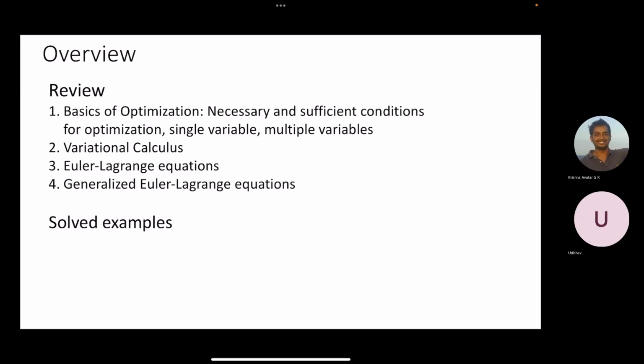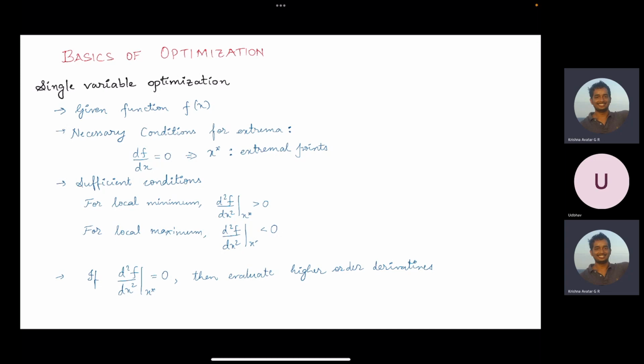Let me first begin with the basics of optimization. We first start with single variable optimization, in which we are given a function for which we need to determine at which points its maxima lies or at which point its minima occurs.